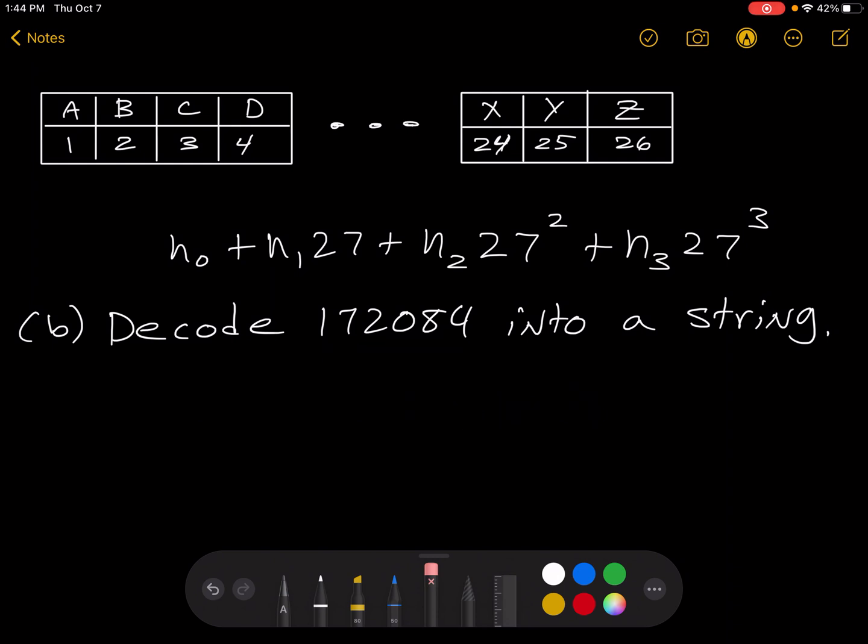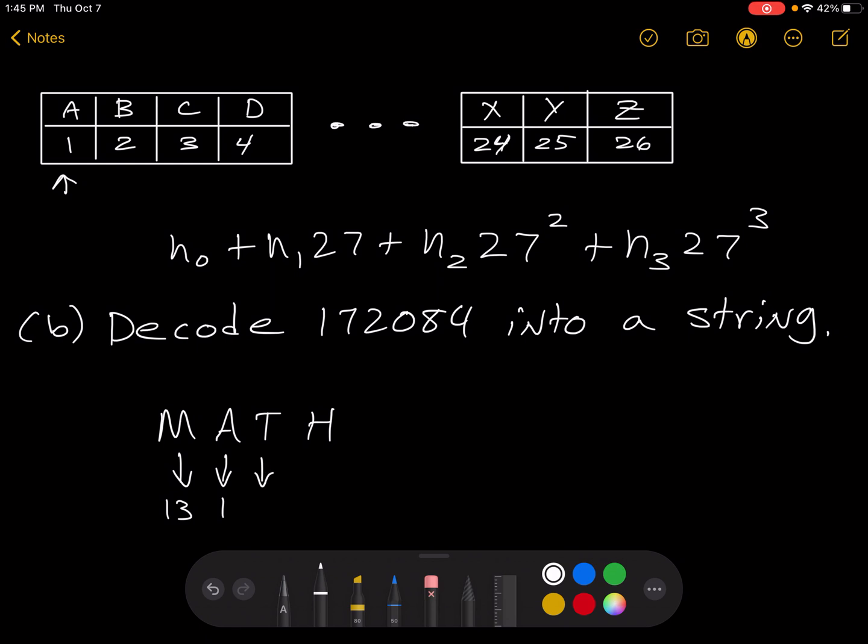Now remember how we, in the previous video, found this encoding of the string math. We took M, A, T, H, and we assigned a number to them. M was the number 13. A is the number 1. You can see that right there.